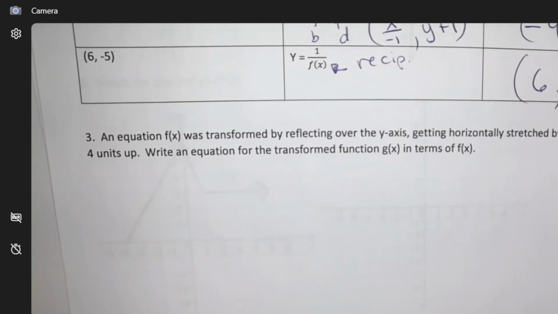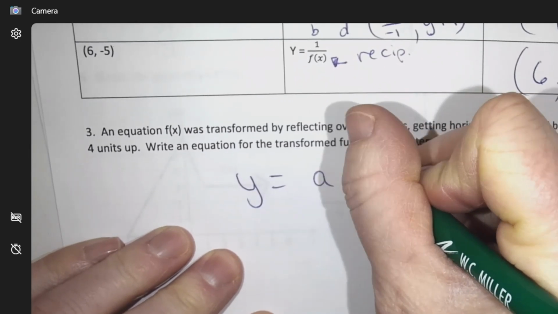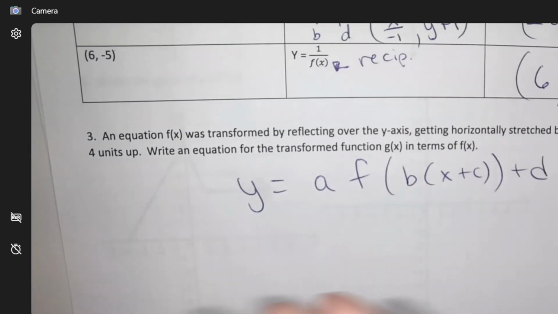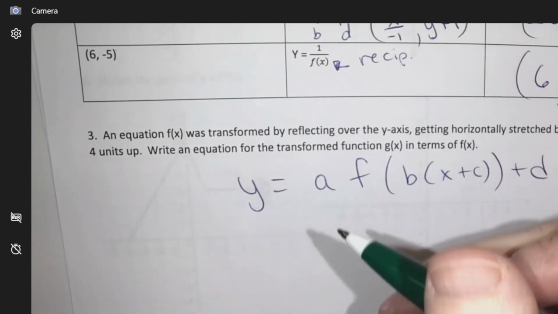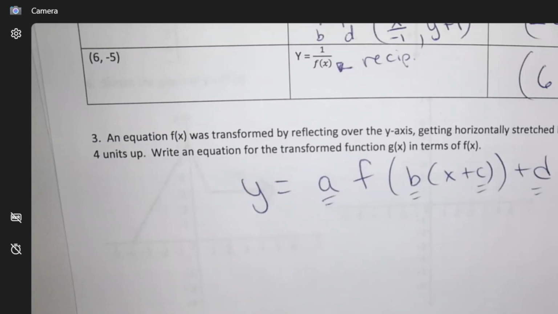Okay, now we're going to write an equation. So you don't need to write this, but this is what's going to happen. I'm going to try to figure out an equation, and we're going to see if we have anything going on. Okay, so as we read, we'll see what it changes.